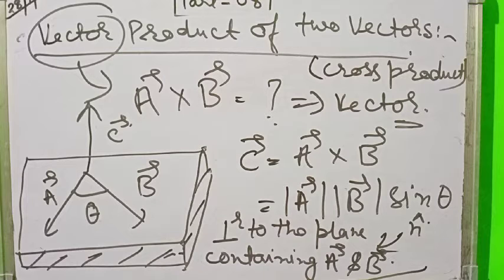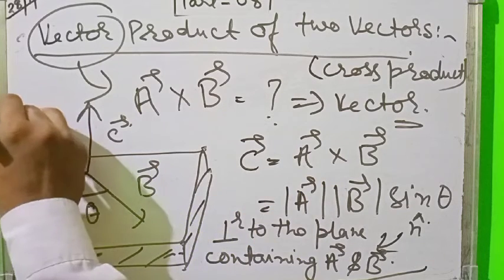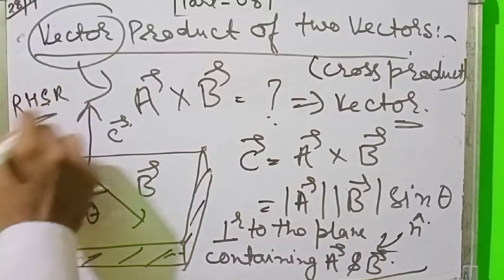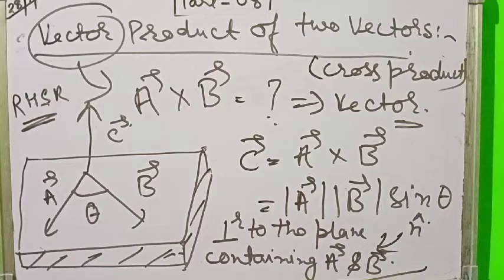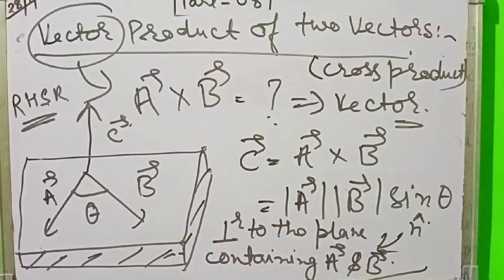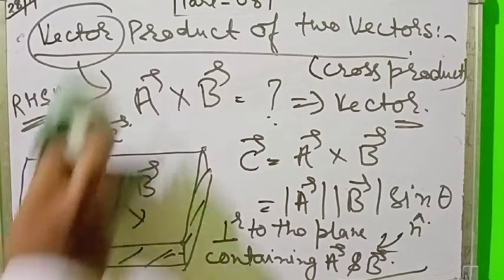The direction of the cross product can be given by the right hand screw rule, meaning as you curl the fingers, the thumb indicates the direction of the vector. So this is about the vector product. Properties of the vector product we will discuss.